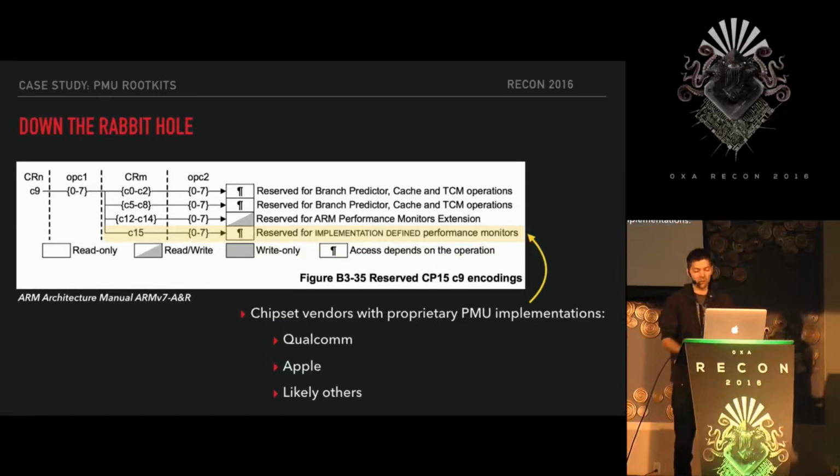Qualcomm uses this. I looked at an older Apple A6 chip, and it also uses this for their kperf kernel profiling. And there's probably others that extend this as well.